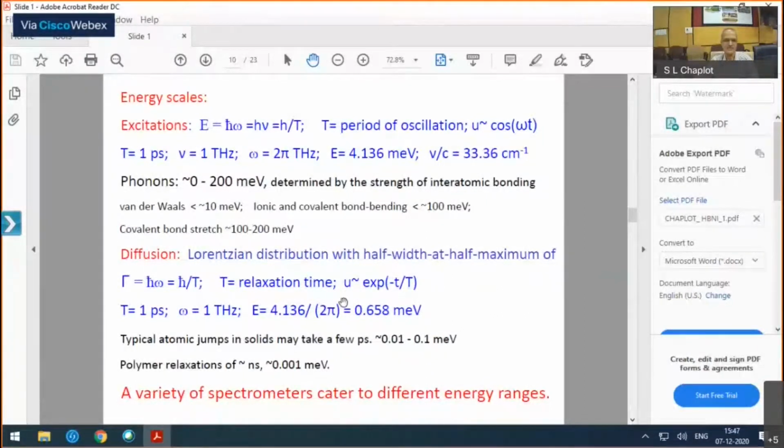But if you have a given one, then its Fourier transform will give you a Lorentzian distribution, and you can try to work out, if you have a relaxation function with a time constant of 1 picosecond, and you do a Fourier transform, what is the full width at half maximum of the Lorentzian function? So this you could work out.